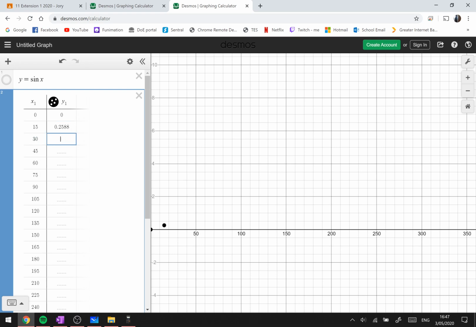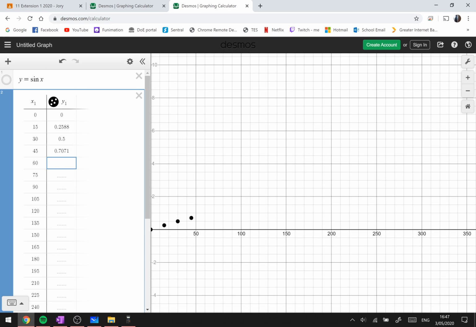Okay, the next one we're going to do is sine of 30 degrees, and we remember that's one of our exact values, our exact ratios, okay? Next is sine of 45, which is another one, it's root 2 on 2, okay, but we're going to approximate it just for the sake of the argument, so it's 0.7071 in that one.